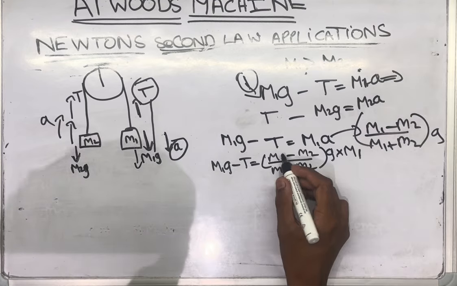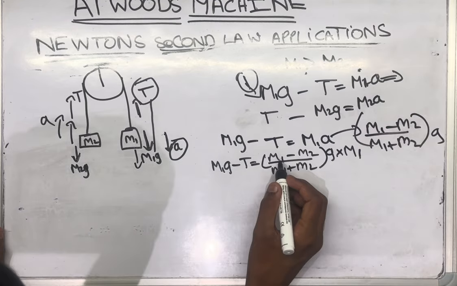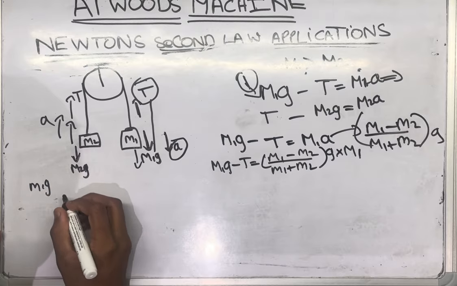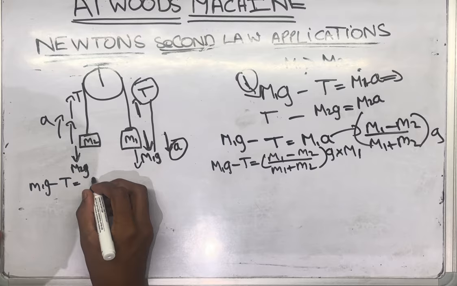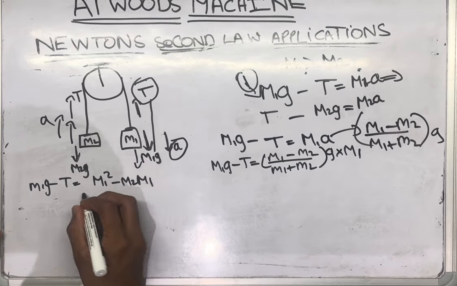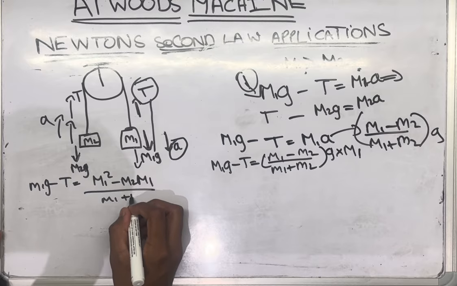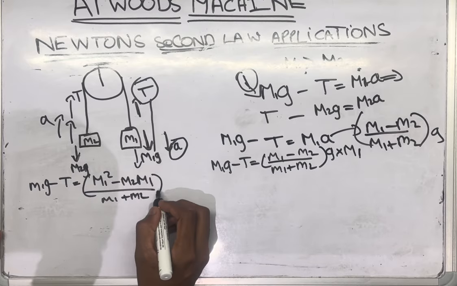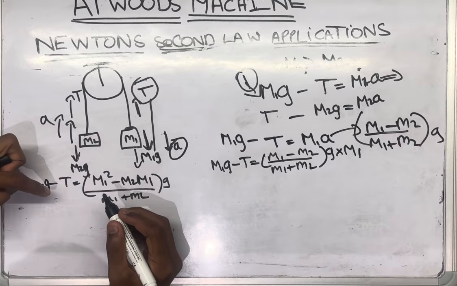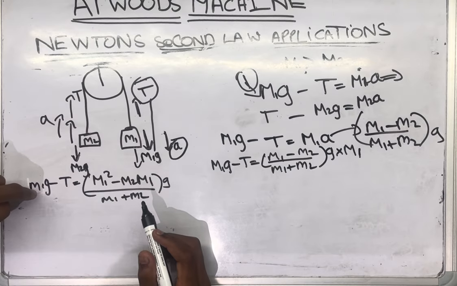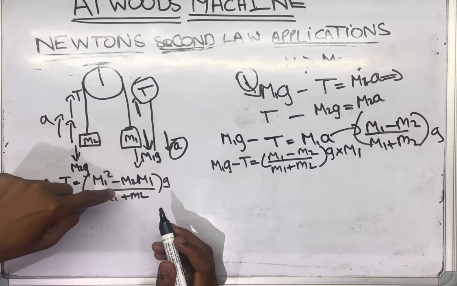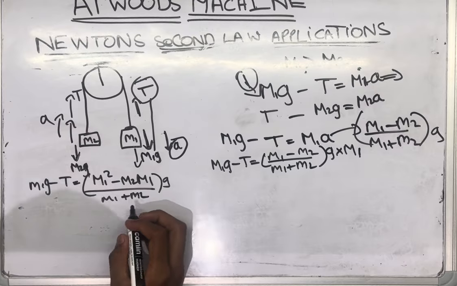So when we multiply M1 with this, we get M1g minus T is equal to M1 square minus M2 M1 by M1 plus M2 into g. And we are bringing this over here. And to remove the negative sign over here, we're going to subtract: M1g minus M1 square minus M2 into M1 by M1 plus M2 into g, right?